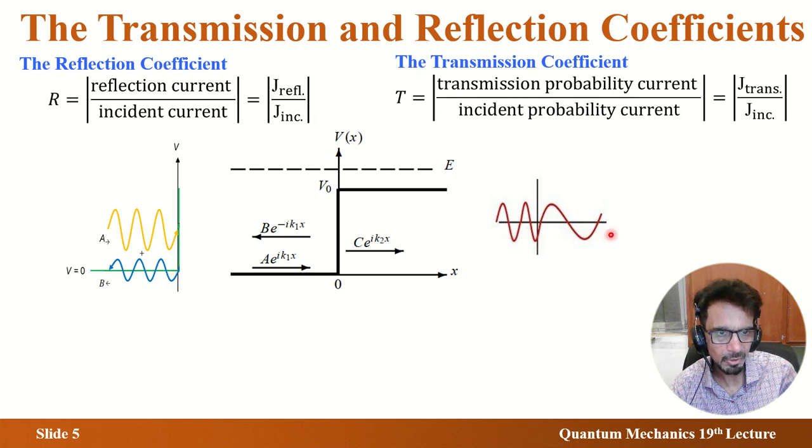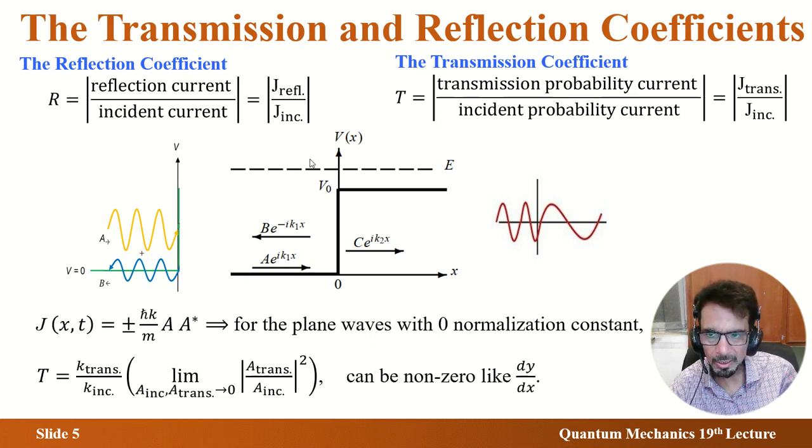So again, the wave number is changed, so the wavelength is changed. You can see the wavelength here, and it's a different wavelength there. But in reflection, you see K1 is the same K. The wave number K is 2 pi over lambda. This means the same wavelength. In the actual calculation, I'll tell you why it is the same. But it's the same in the picture too, you can see it's the same wavelength.